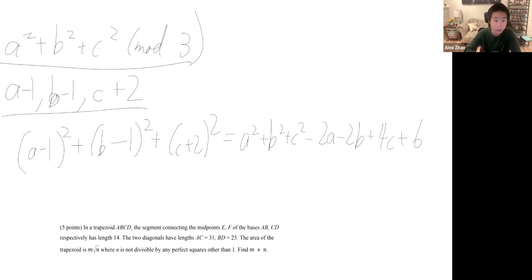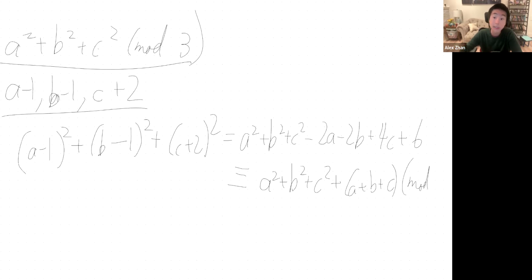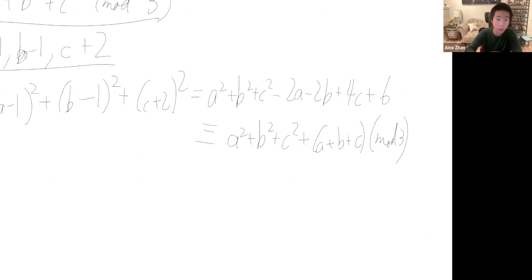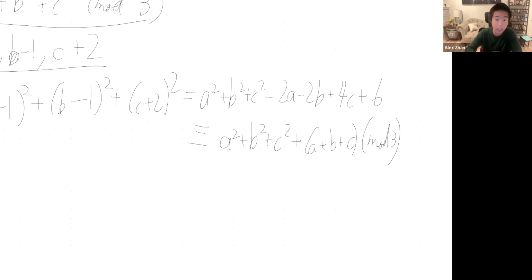And this is congruent to A squared plus B squared plus C squared plus A plus B plus C mod 3. Since in the question we have 45 animals, A plus B plus C equals 45. So this is actually just congruent to A squared plus B squared plus C squared mod 3.